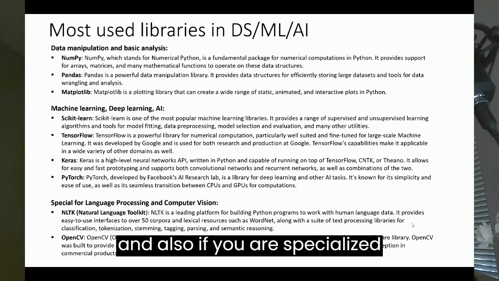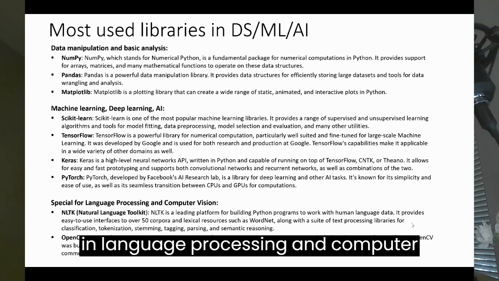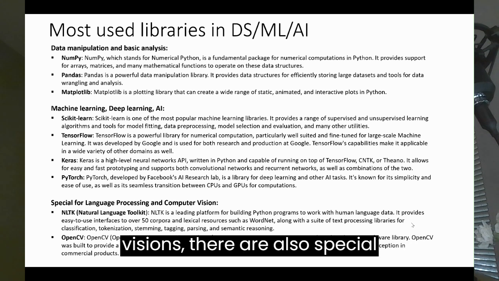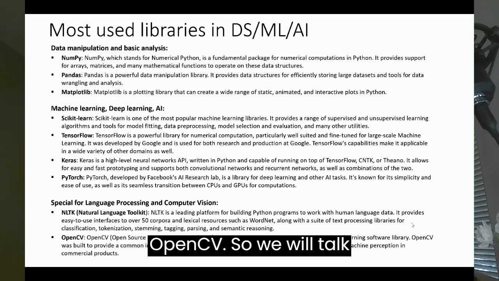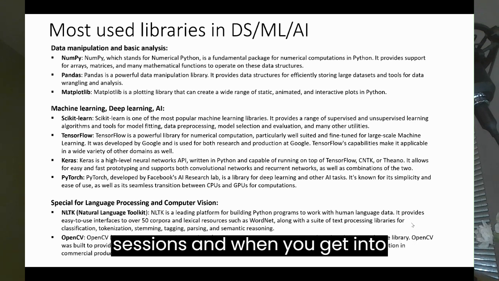And also, if you are specialized in language processing and computer vision, there are special libraries focusing on these two areas. One is NLTK, the other is OpenCV. We will talk about these libraries in the upcoming sessions.